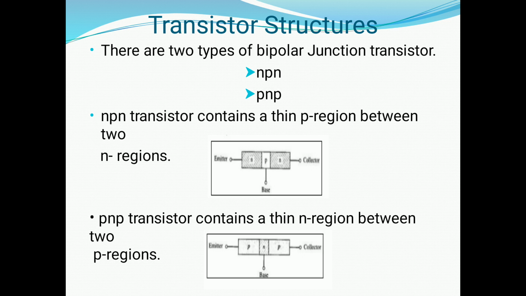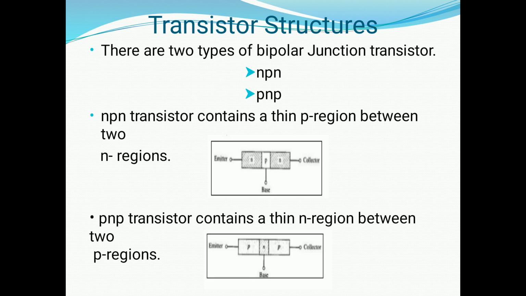The terminal connected to emitter region is called as emitter terminal or simply emitter and it is represented by capital E. The terminal connected to the base region is called as base terminal or simply base and it is represented by capital B. The terminal connected to the collector region is called collector terminal or simply collector and it is represented by capital C.